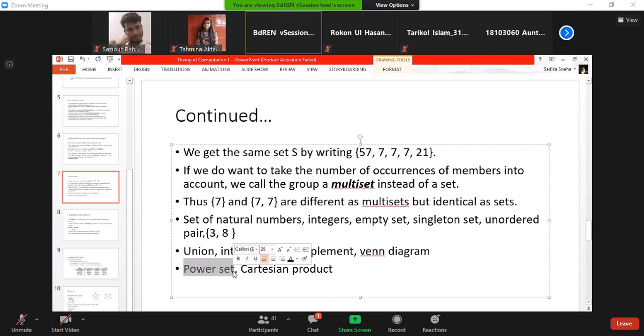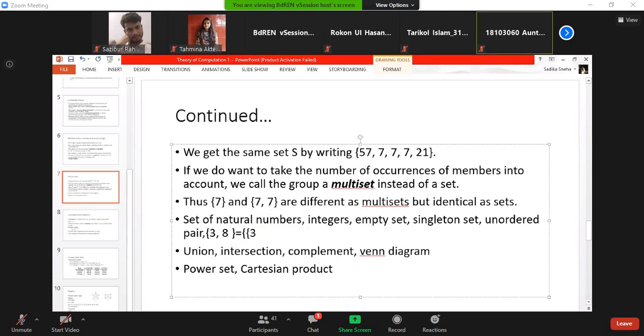Yes, if this is a set, what will be the power set of this set? Ma'am, 4. That means 3, 8, 3 8, and one empty set. Total 4. So there will be four items, as you said.